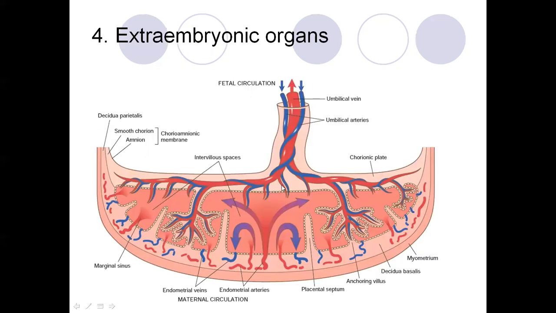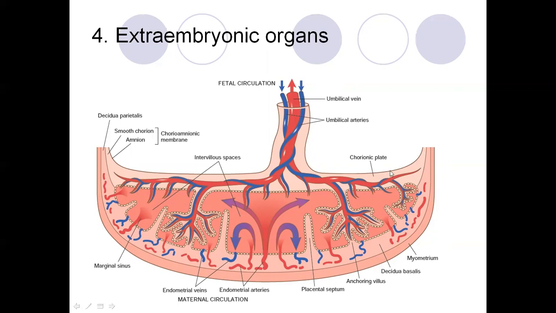So, this is the umbilical cord attached to the embryo. This is the amniotic cavity on this side, and the umbilical cord is covered by a layer of amnion, and this part, the chorionic plate, is also covered by amnion. From this to this is the chorionic plate. This chorionic plate on this side is covered by amniotic tissue.